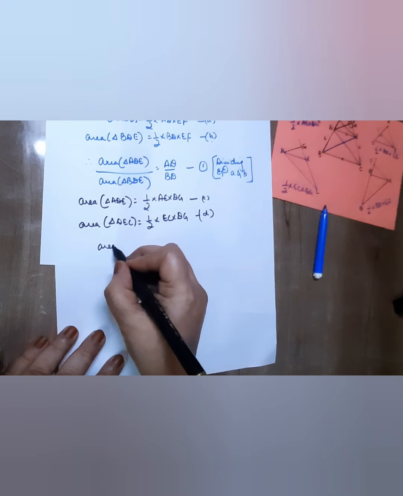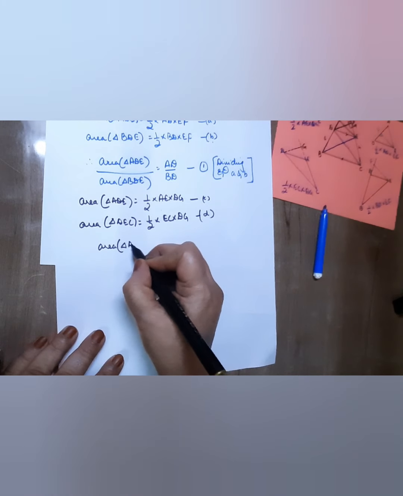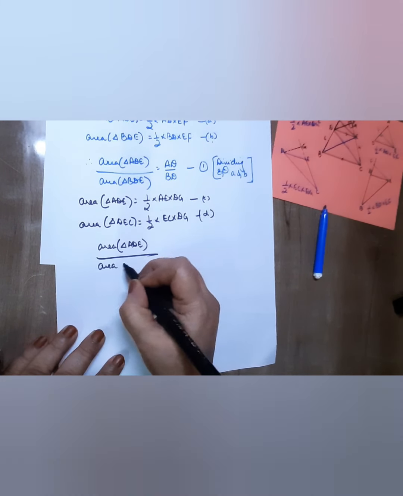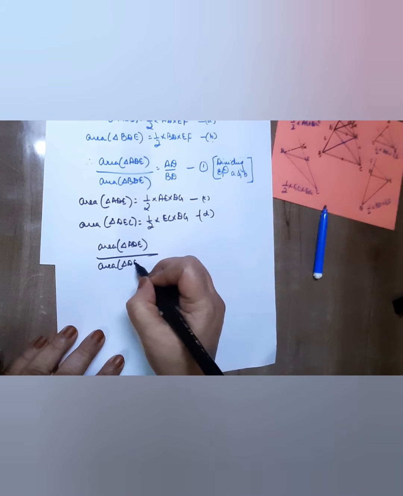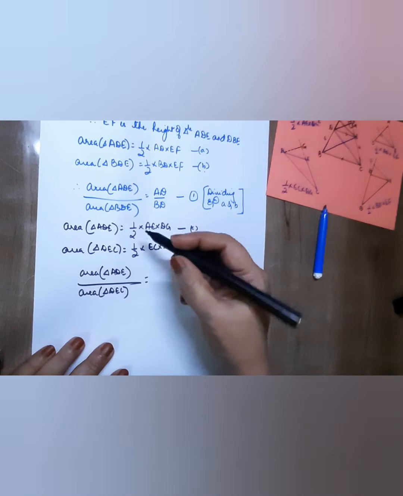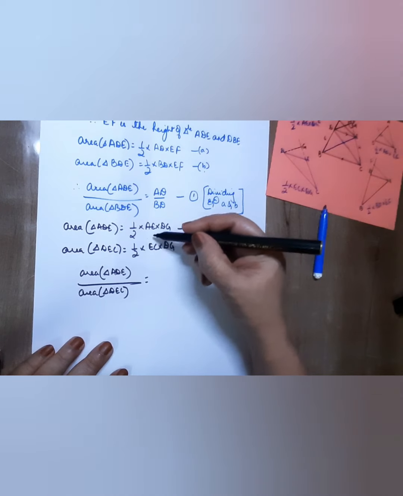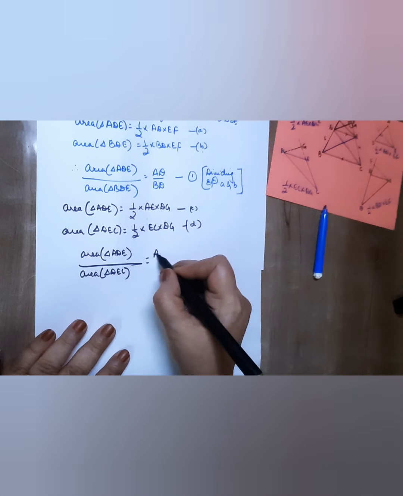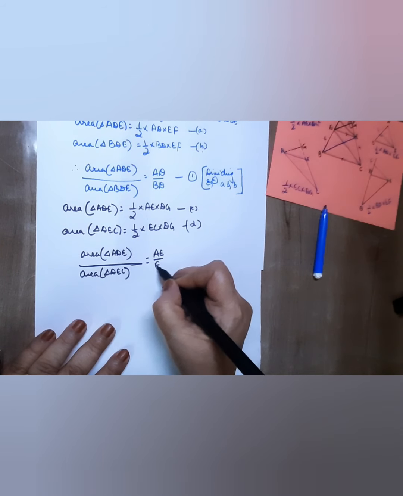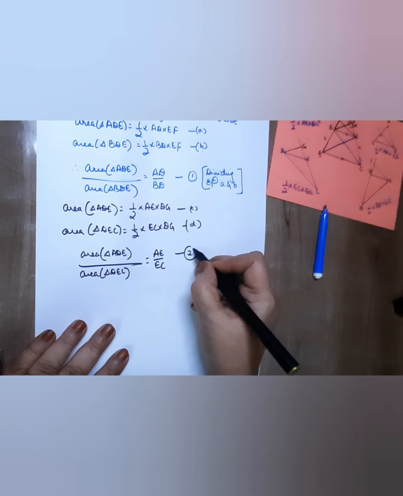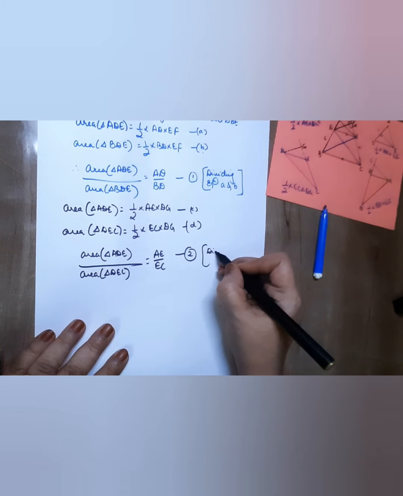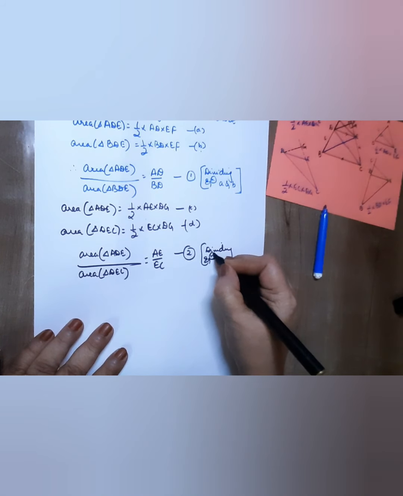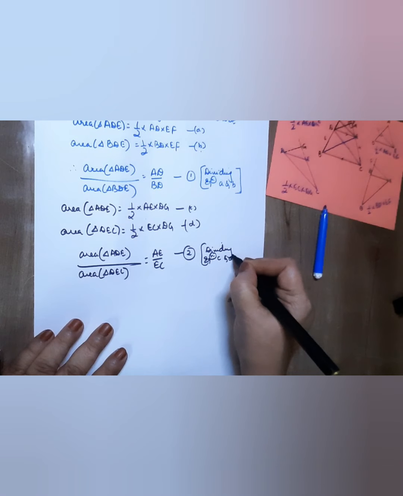So we get area of triangle ADE divided by area of triangle DEC. Again when you divide, half and half cancel, DG and DG cancel, remaining will be AE by AC. We will make this equation 2, dividing equation C and D.